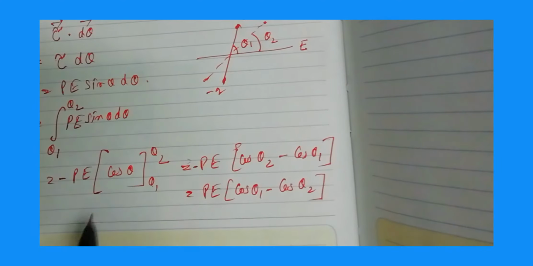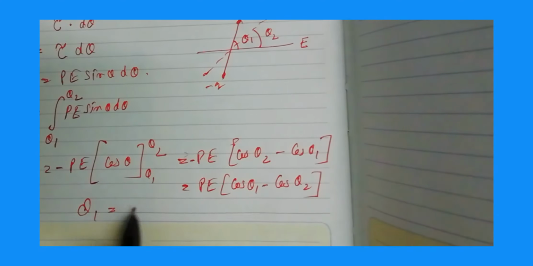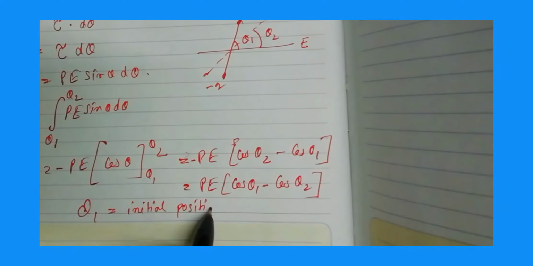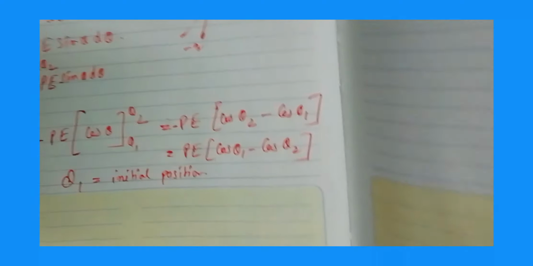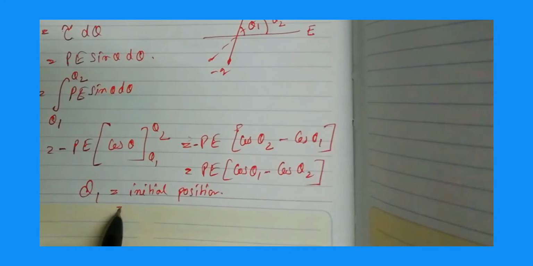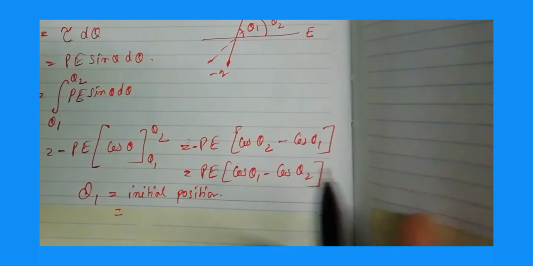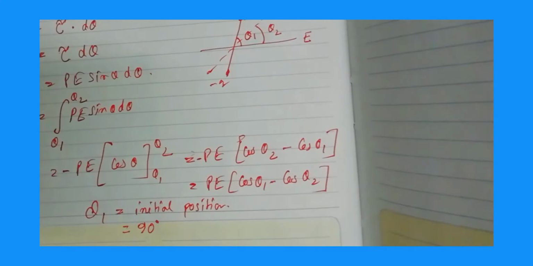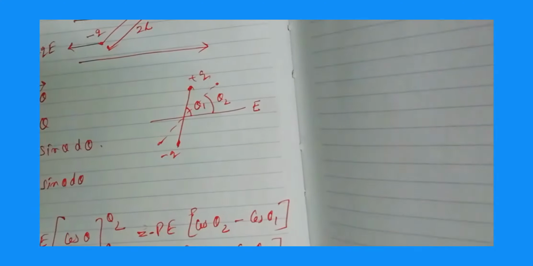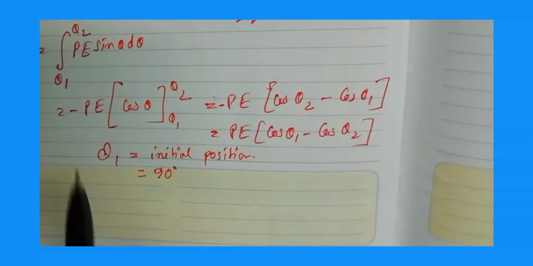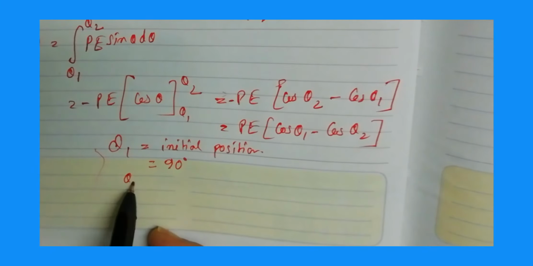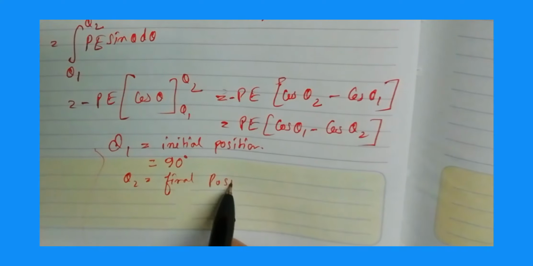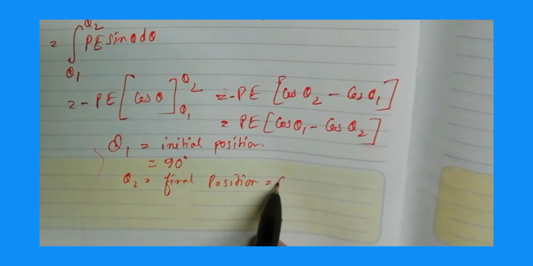Here theta 1 is the initial position. Let us assume that this position is 90 degrees, and theta 2 is the final position. Let us assume that this is theta.